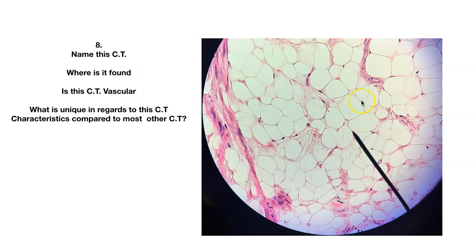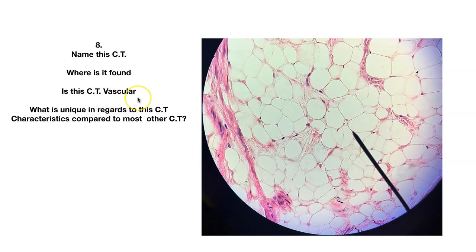Where can you find this connective tissue? Give me at least one place you can find it. You can find this in a lot of places, but give me at least one place. And if you know this connective tissue, is this connective tissue vascular?